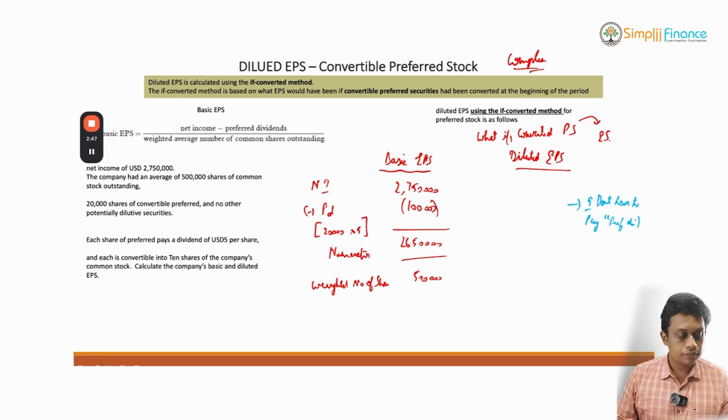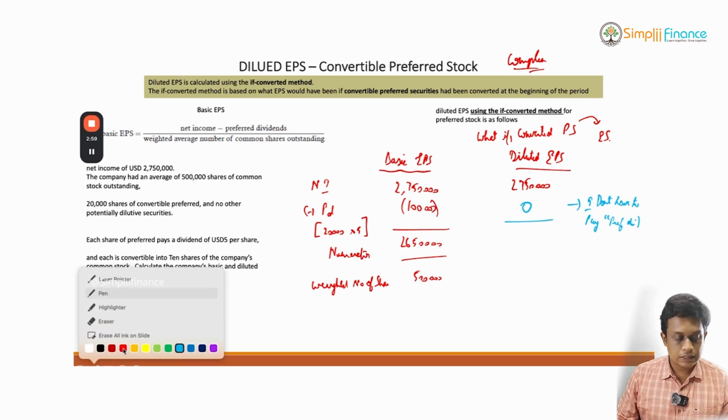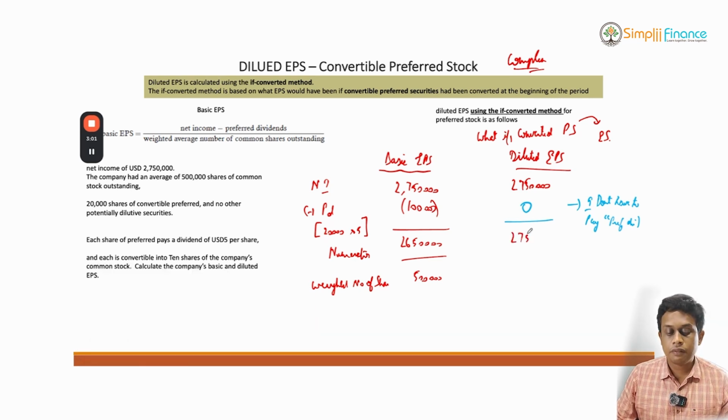So here the net income still remains the same as 2.75 million, and I do not pay any preference dividends. So the numerator increases to 2.75 million.